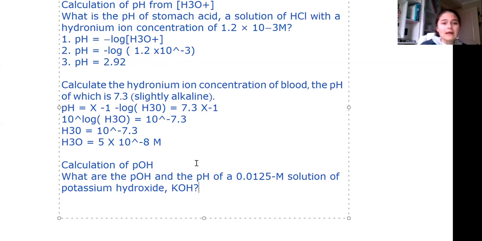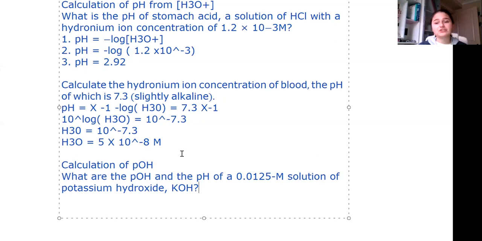Remember how I said there are 4 types of ways they can ask this: calculate pH for an acid, pH for a base, the concentration for an acid, or the concentration for a base. We've done the first type, this is the second, and now we're doing the third type, where they want the hydroxide ion concentration.